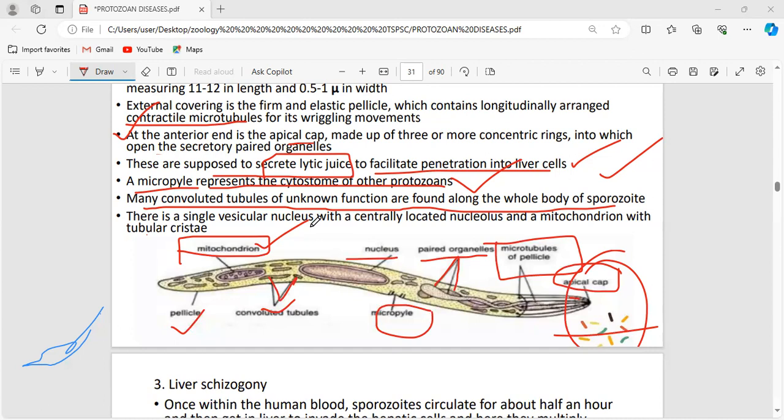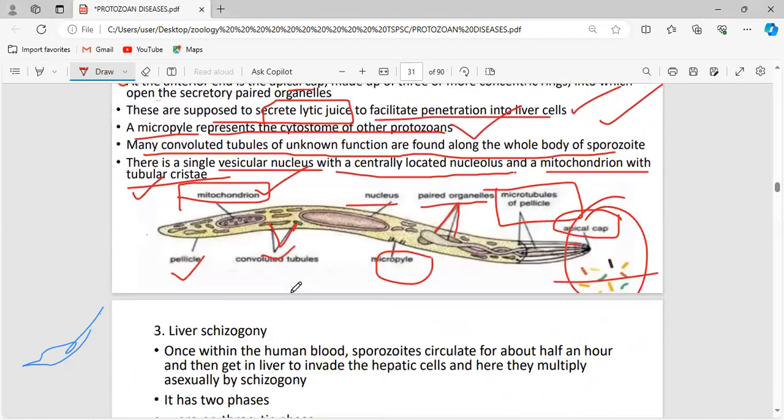We don't know the function, but there has to be some function. It is spread throughout the body of the sporozoite. There is a single vesicular nucleus with a centrally located nucleolus and a mitochondrion with tubular cristae. If mitochondria are present with cristae, definitely they are in the active form. So these are all the structures present in the sporozoites.